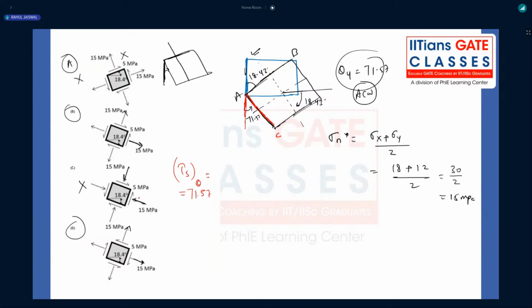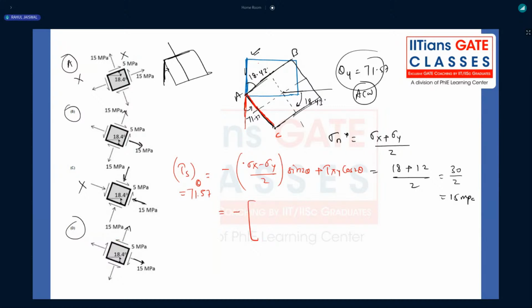The angle is 71.57. What is the formula we know, guys? Tau s theta equals sigma x minus sigma y by 2 sine 2 theta plus tau xy cos 2 theta, right?